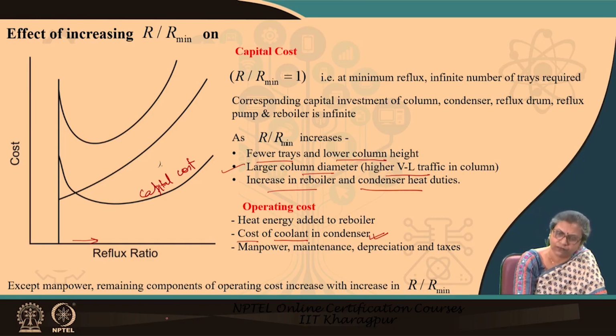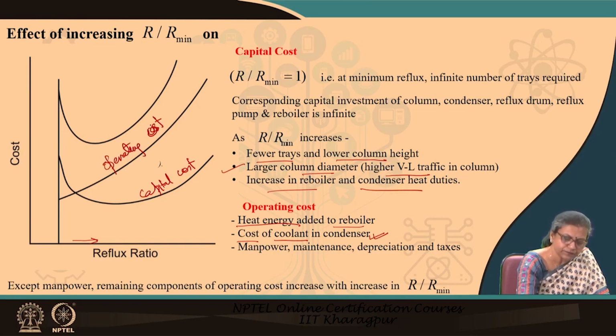When more reflux is introduced, there is also an increase in the amount of reboiled vapor. Quite naturally, the heat energy added to the reboiler increases, and therefore the reboiler heat duty also increases. So we find that the operating cost keeps on increasing with reflux ratio.